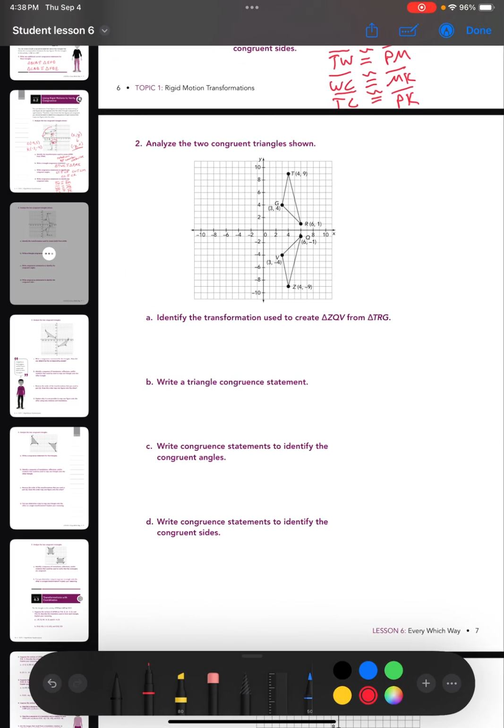All right, next example. Looking at figure 2, the first thing I notice is the orientation hasn't changed, but it appears we have flipped this over the x-axis. So I would test the rule as a hypothesis: a reflection over the x-axis, where (x, y) becomes (x, negative y).